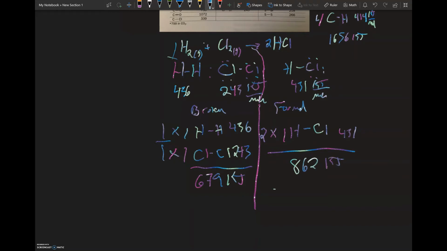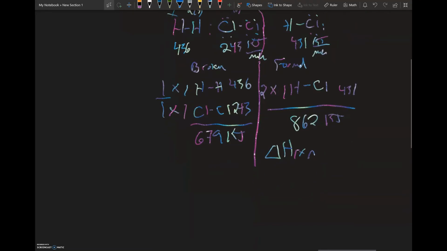Now to figure out the enthalpy of reaction, and this is very simple to remember, you have to do bonds broken minus the bonds that are formed. I'm running out of space. So it's always broken minus formed when you do this. That way it keeps it straight for you.